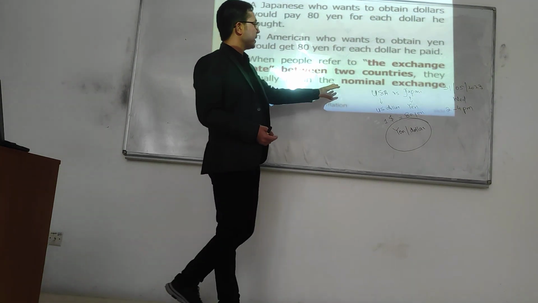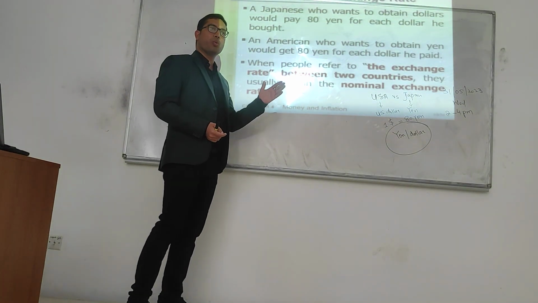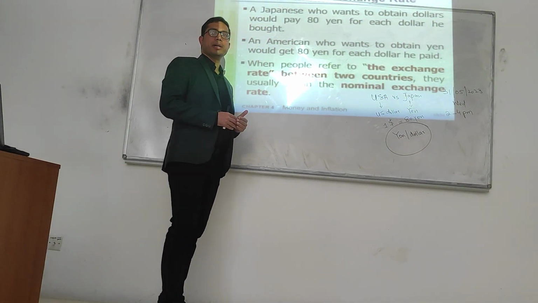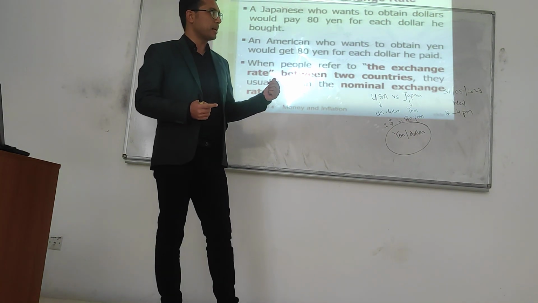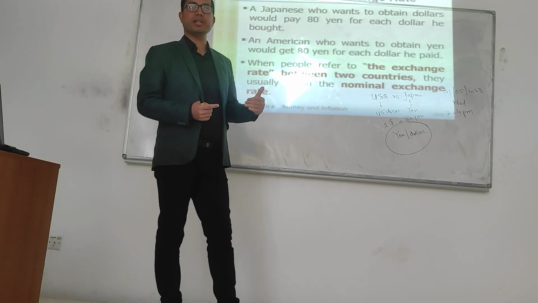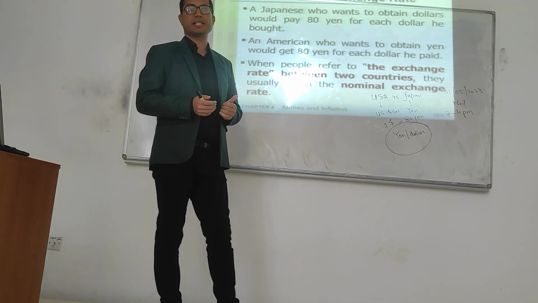So very simply we can say that the nominal exchange rate represents the price of one currency in terms of another currency, or in other words, the price of a home currency in terms of a foreign currency.